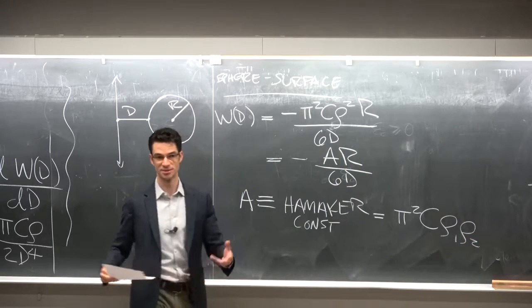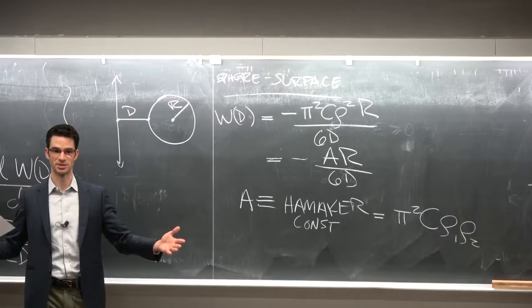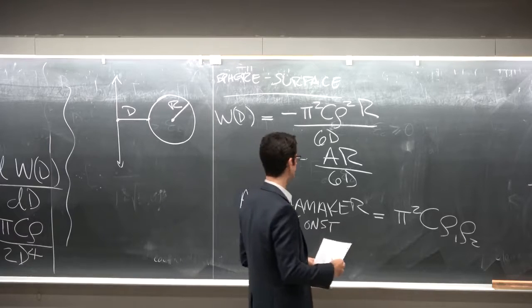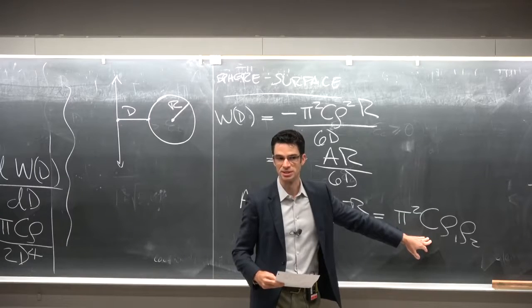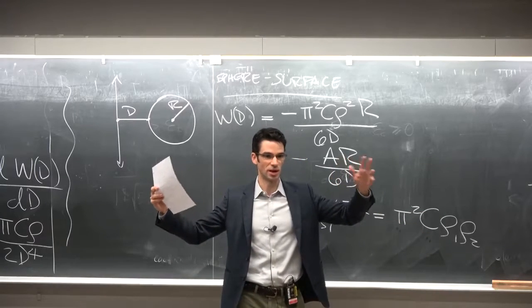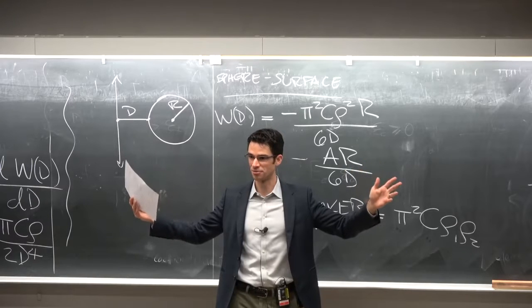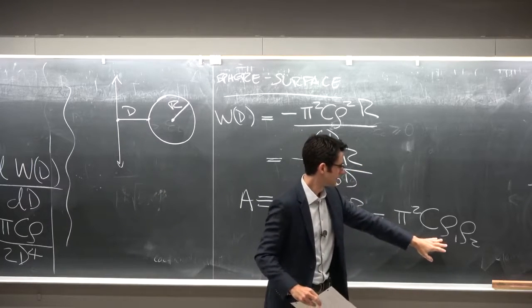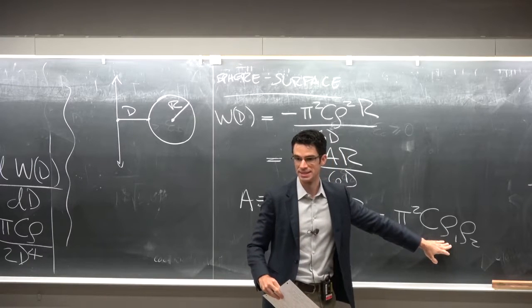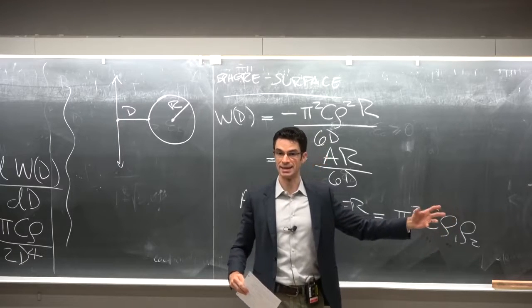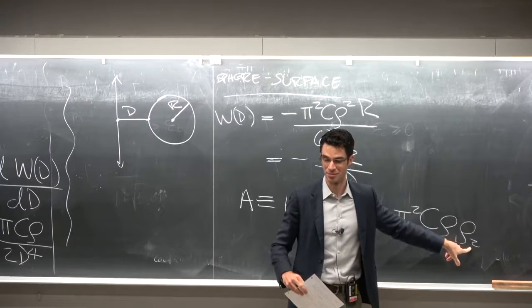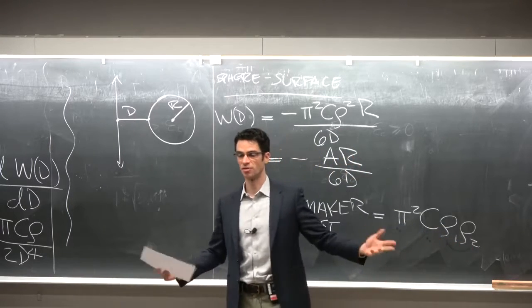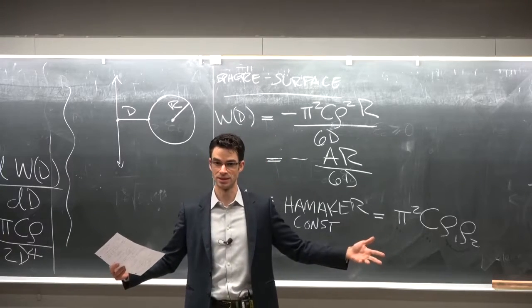And the 1 and the 2 is if it's for different materials. If you have two different materials interacting, you have two different densities. So pi is pi, C is the Van der Waals coefficient, which is all of those Q squareds and alphas and all that stuff from two classes ago. Rho 1 is the number density, the number of molecules or species within an object that is interacting with all of the molecules in another object. And this has units of stuff per cubic meter to make the math come out in SI units.